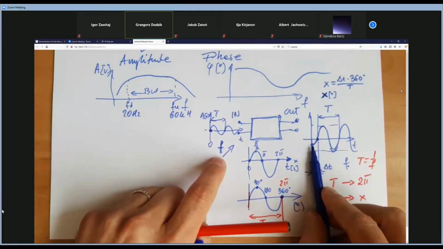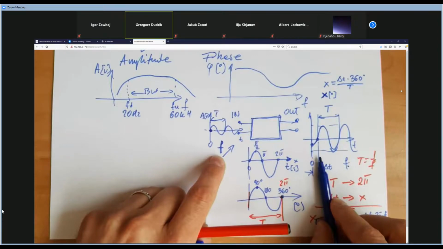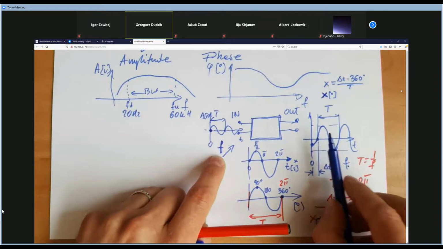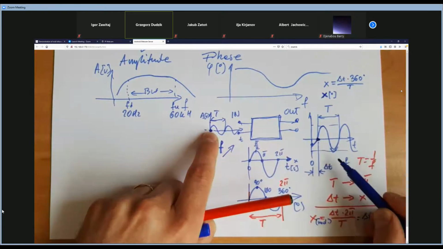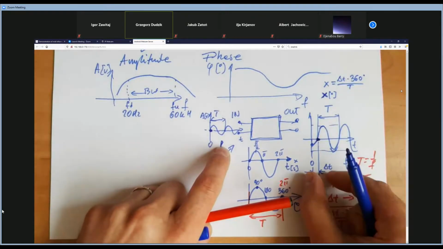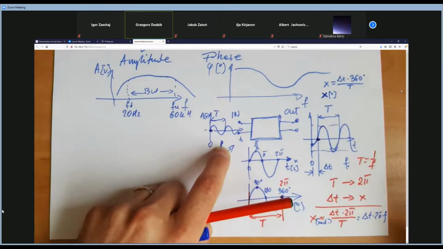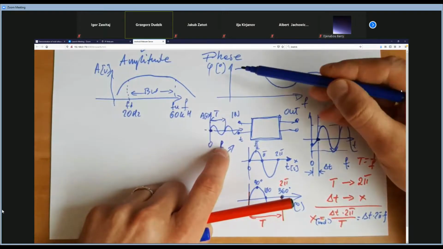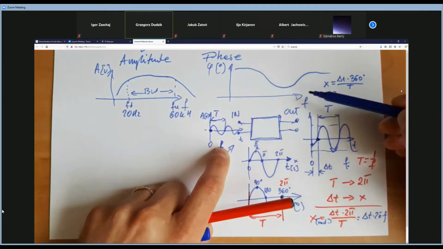For changes of frequency, we'll observe changes of the time delay between the same phase of the output signal according to the input one. So if we are, for example, increasing the frequency, the delta t will be increasing. So in that way, we can build the phase characteristic of our circuit according to the frequency.